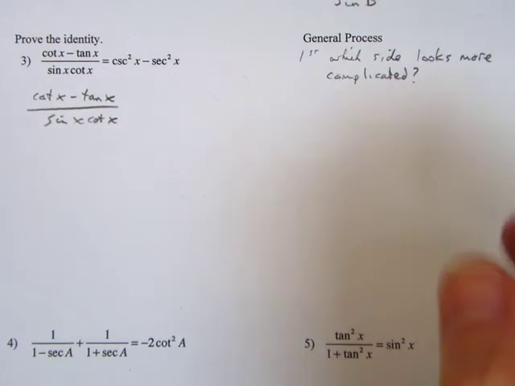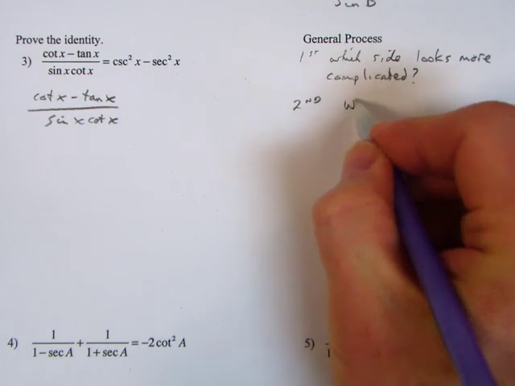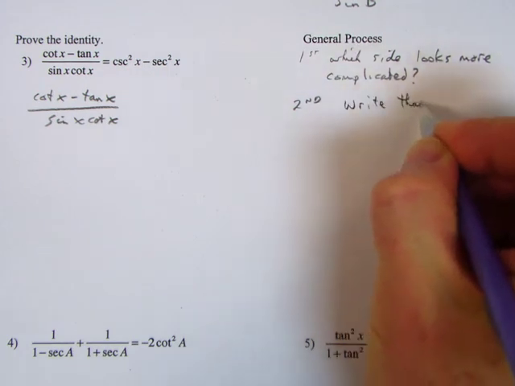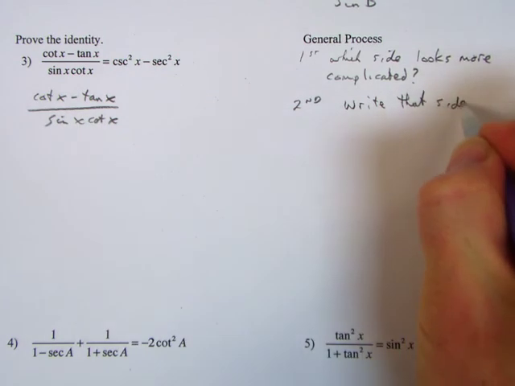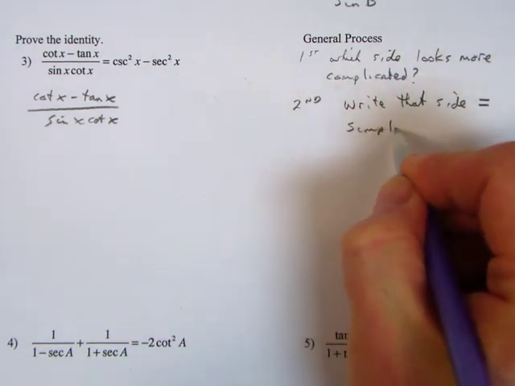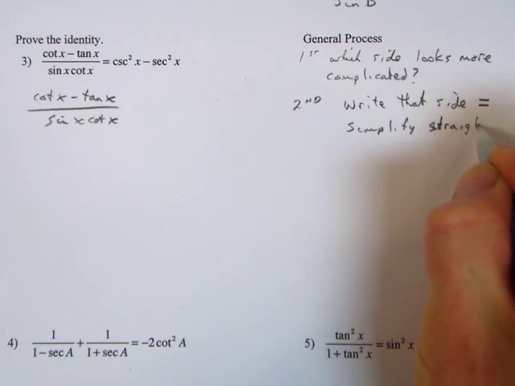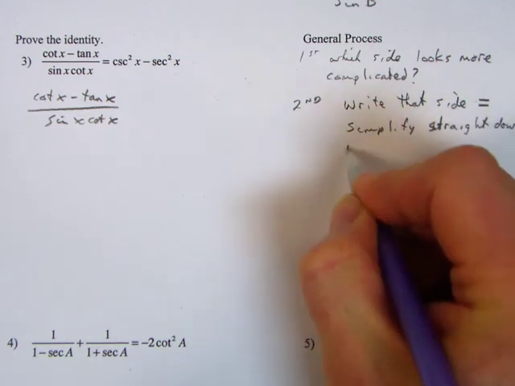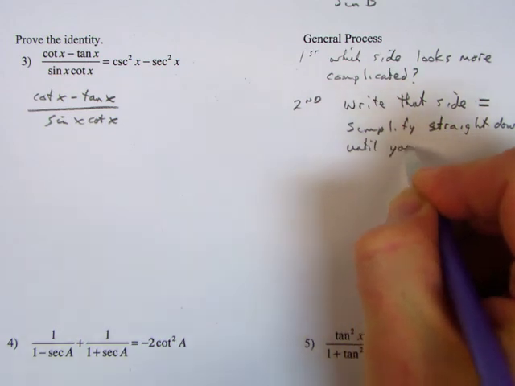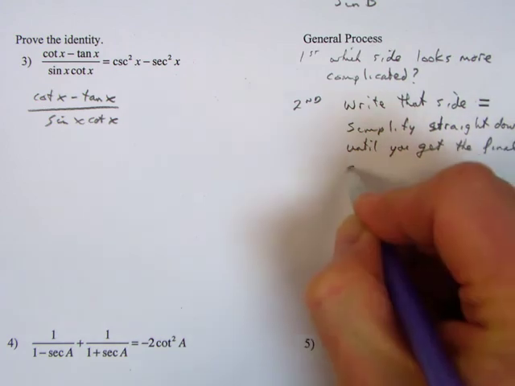So what we're going to do is, in this case, write that side, just like I did over here, write that side, and then put equals, and then simplify straight down until you get the final answer.